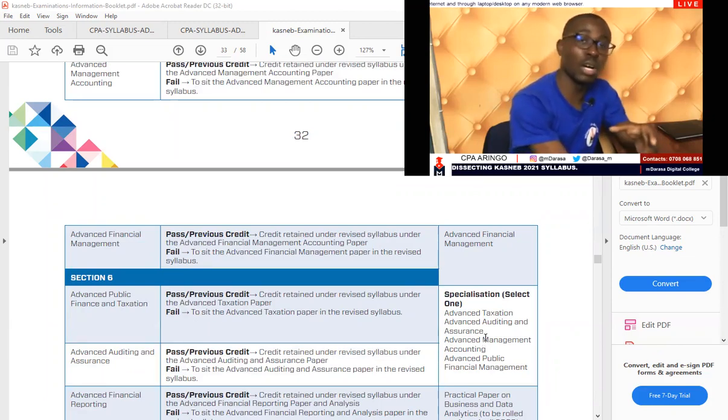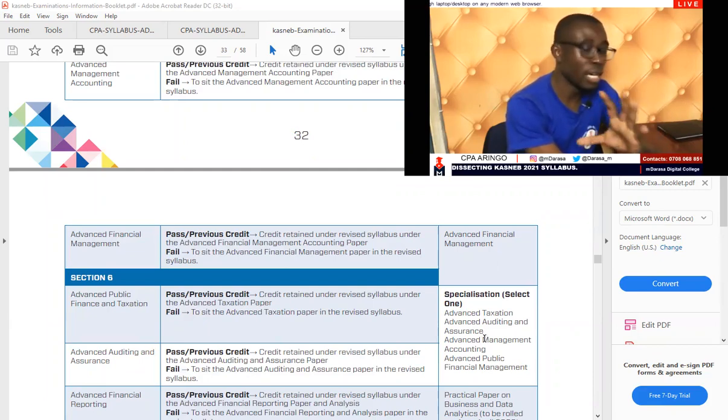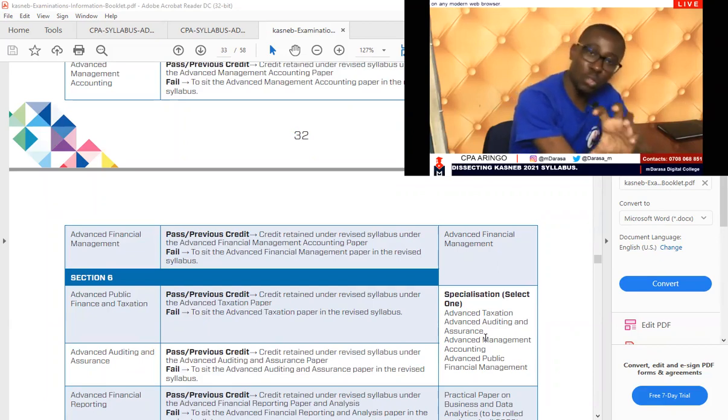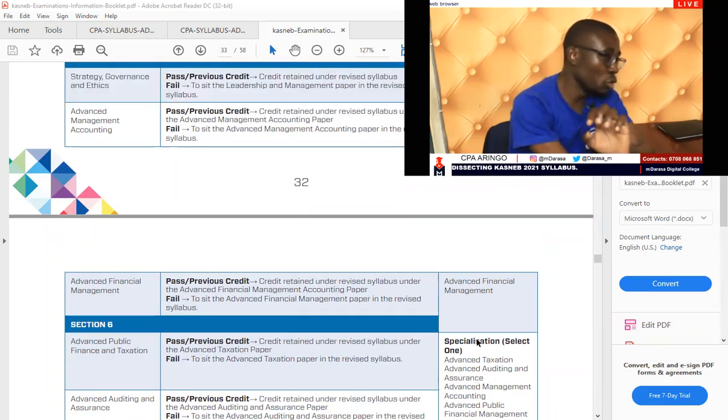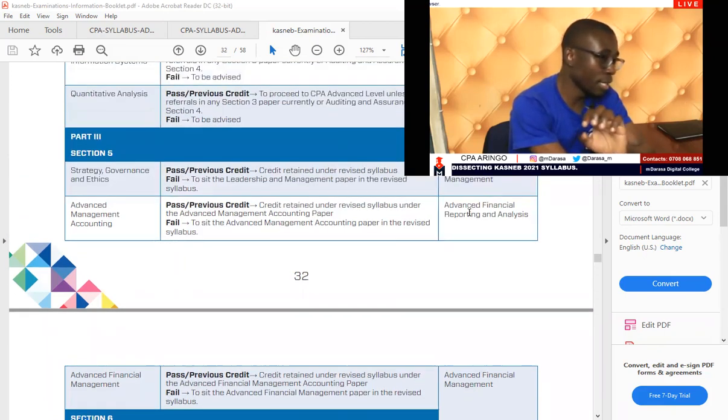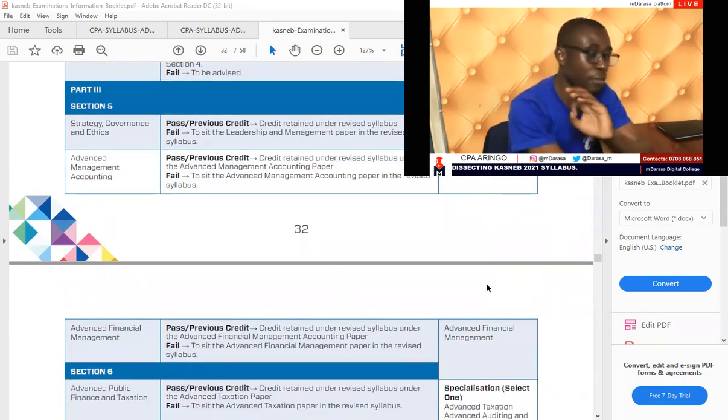For those students who are coming from section 4, now joining advanced level, I repeat that statement again. You are going to do the first three: leadership and management, advanced financial reporting and analysis, and advanced financial management.